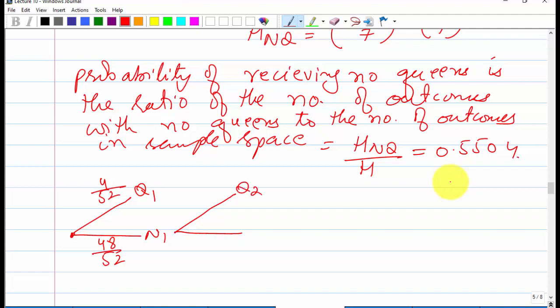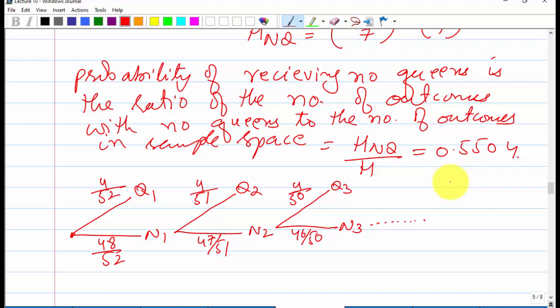At the second attempt, the probability of a queen is 4 over 51, because we are dealing with sampling without replacement, and no queen will be 47 over 51, because we have chosen one card which is not a queen. Similarly, for the third card the queen probability is 4 over 50, and no queen is 46 over 50, and so on.